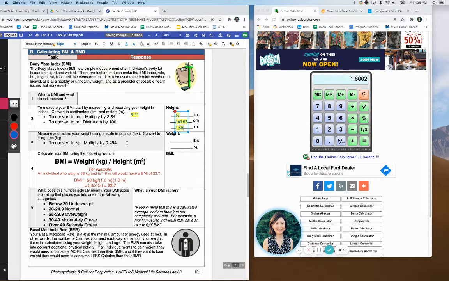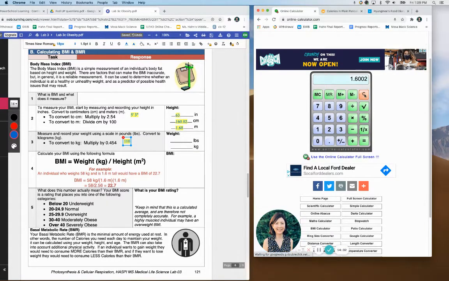All right, now I need to change my weight into kilograms. So let's pretend I weigh 110. Okay, I weigh 110 pounds. I'm just going to multiply by 0.454.